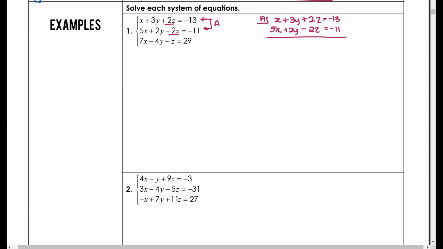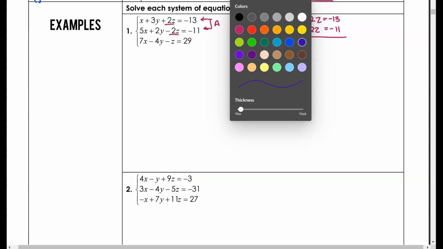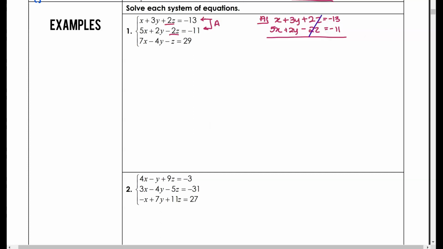Notice that when I combine both of these equations, I don't have to multiply anything by anything because if I just add down, both of these cancel out. So I get negative 13 minus 11, which gives me negative 24. Now I have 3y and 2y, that gives me 5y, and x and 5x, which gives me 6x. So this becomes one of my new equations. Okay, so I'm going to box that in.